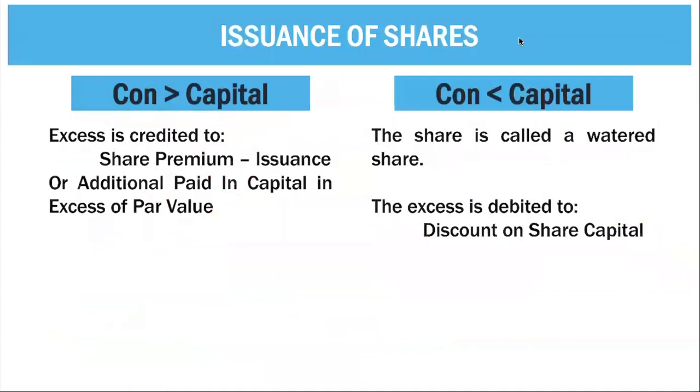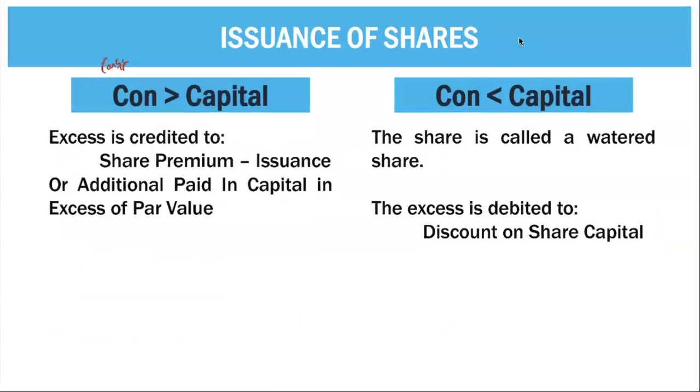So in issuance of shares, generally you just need to compare the amount of consideration versus the capital. So you compare the consideration to the amount of your capital. So if the consideration is greater than capital, we have your share premium, issuance, or additional paid in capital in excess of par value. You already know that one.